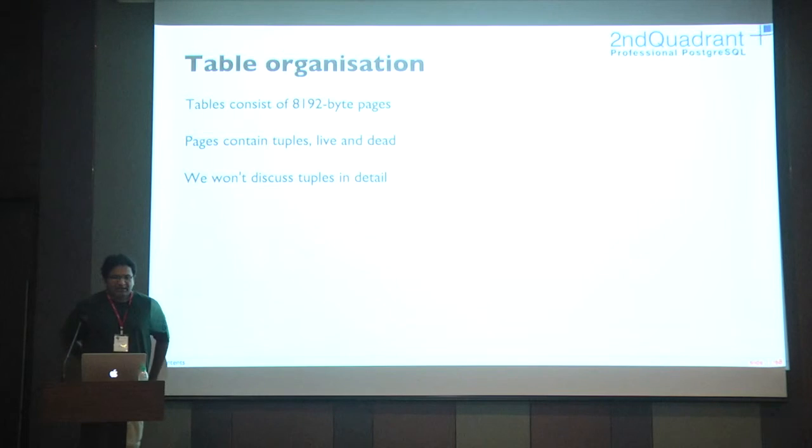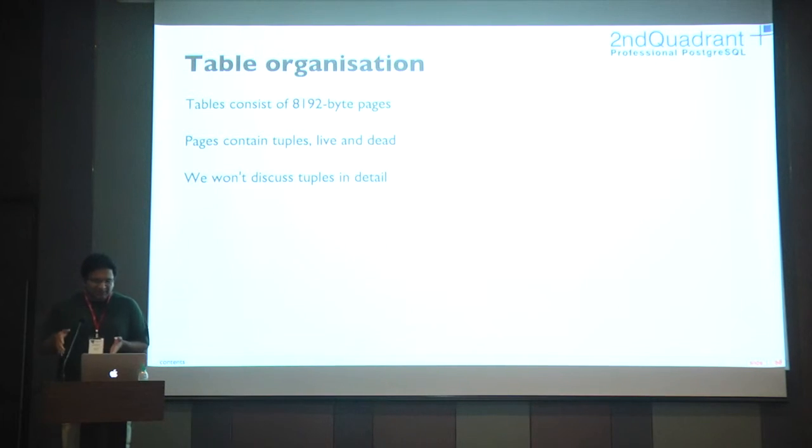Now, before we can discuss the details of how vacuum actually works, we'll need to understand something about how Postgres represents table data on disk. Tables, and in fact, anything that Postgres stores on disk, including indexes and so on, consist of a series of 8 kilobyte pages.